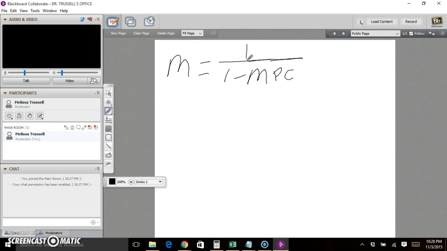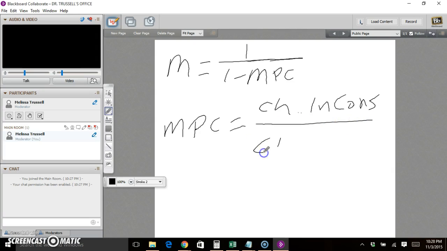Okay, so remember, the marginal propensity to consume is change in consumption divided by the change in GDP.